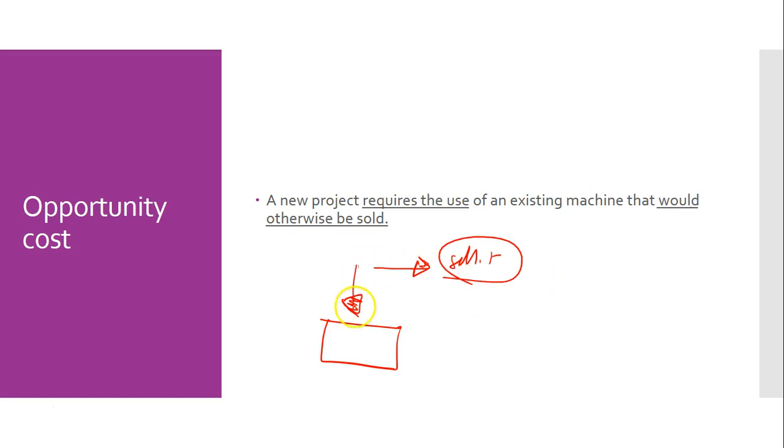If a machine's only going to bring you £3,000 and you can sell it for £10,000, why would you use the machine to make that product? Unless there's another sense of value, like nostalgia, that you can't quite measure. Otherwise, you would sell it and get £10,000 in.